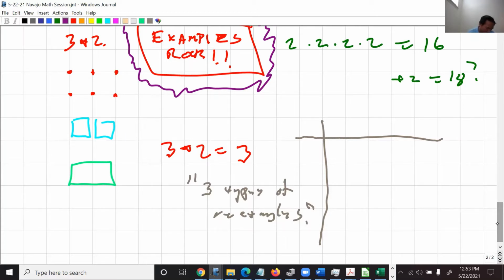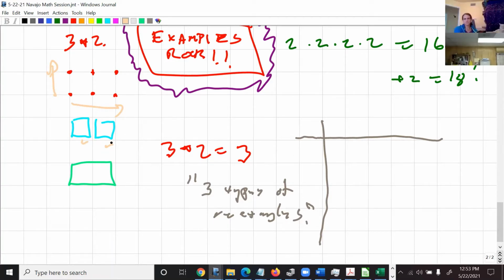Okay, so we started off with the 3 by 2, the 3 dots by 2 dots, and then we drew the 2 smaller squares, which are 1 by 1, and then one other rectangle, which is a 1 by 2.